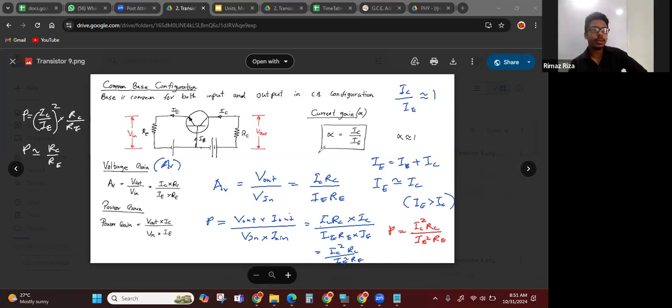So you can practice now without looking at the notes. Consider the common base configuration, sorry, this one is NPN, and you do the same for the PNP transistor. First get the voltage gain and current gain, then you can get the power gain.